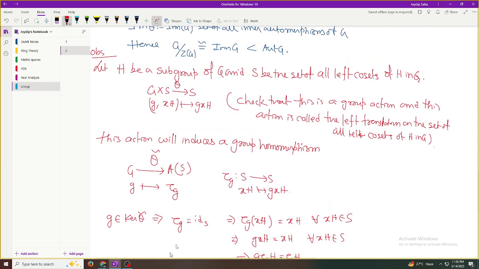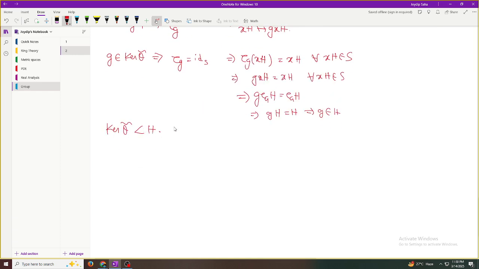If I take an action which is left translation on the set of all left cosets, then the kernel of theta tilde is a subgroup of H.